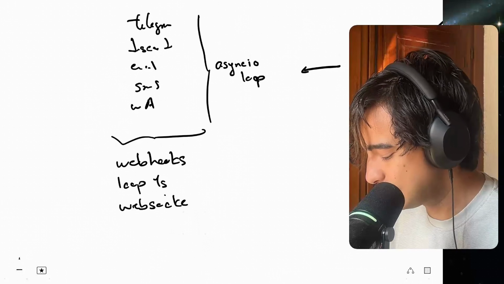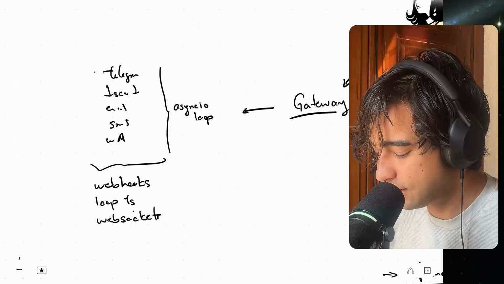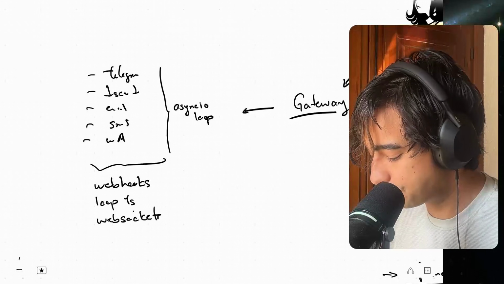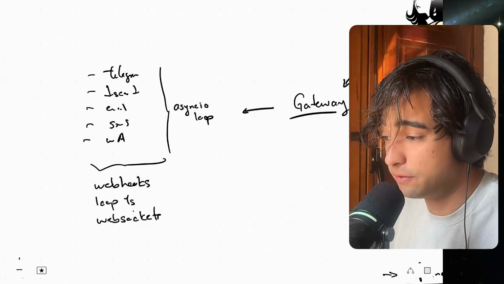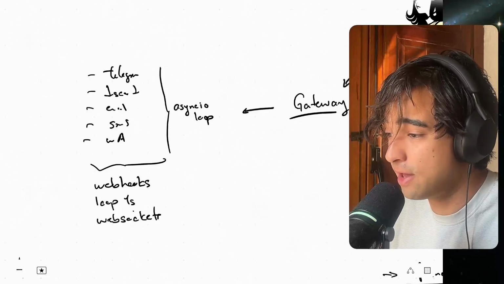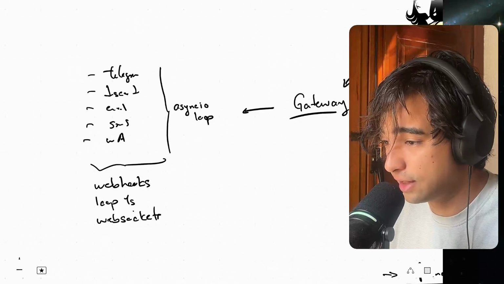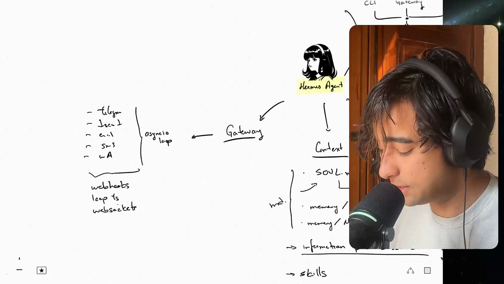So as you can see, this is a huge part of the whole thing, because every single integration with a third-party gateway has to be configured independently. This is not just a single gateway that works with everything by default. Every single gateway has to be configured by Hermes.